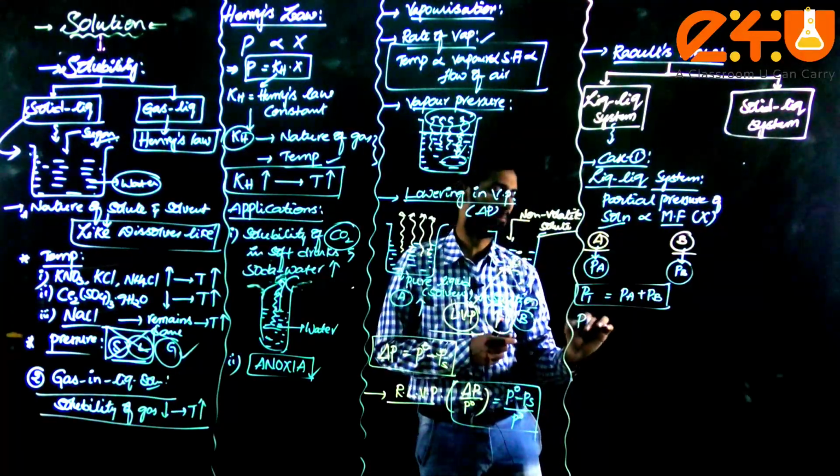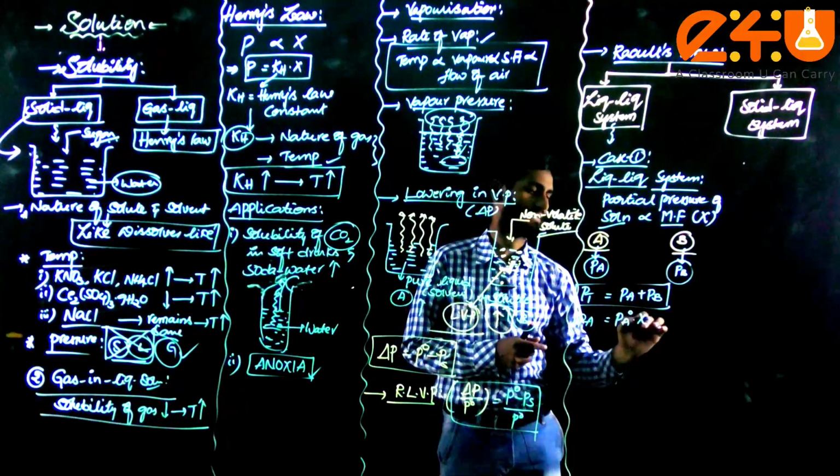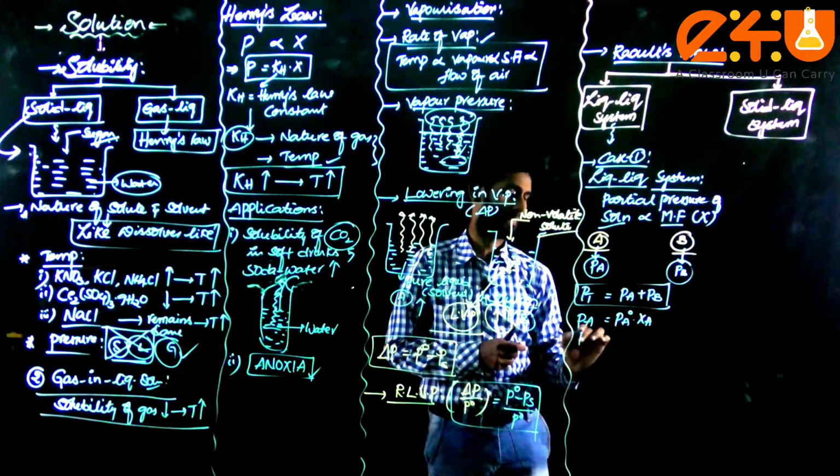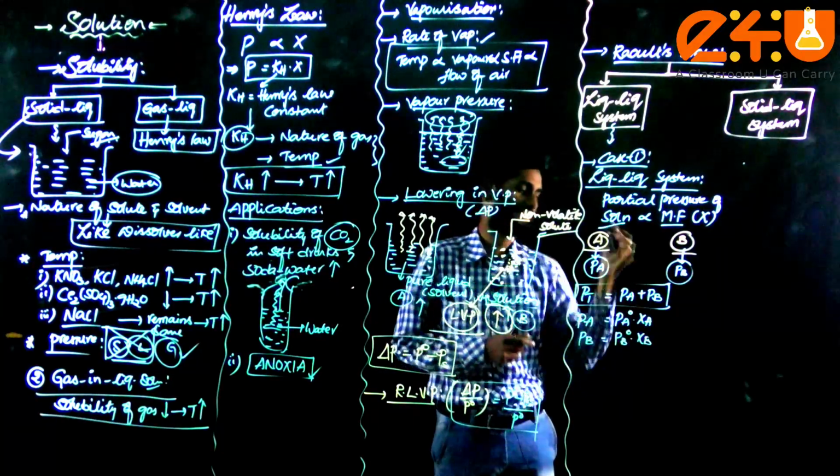Initially, how to write here? PA is equal to PA naught into XA, and PB is equal to PB naught into XB.